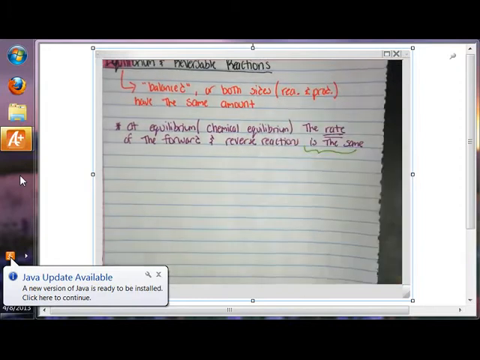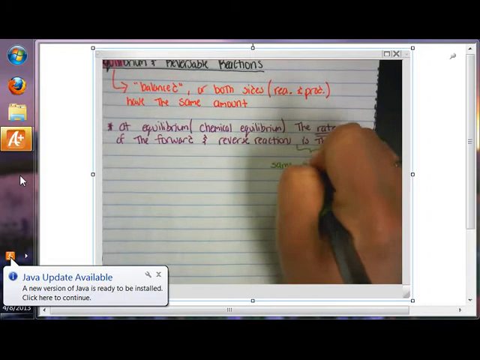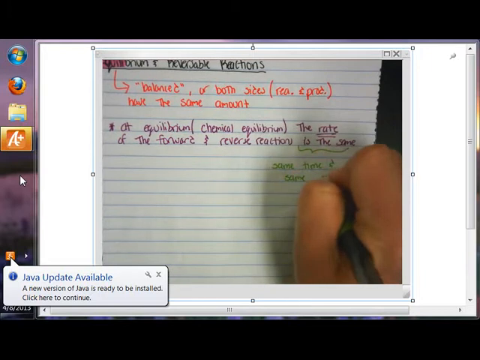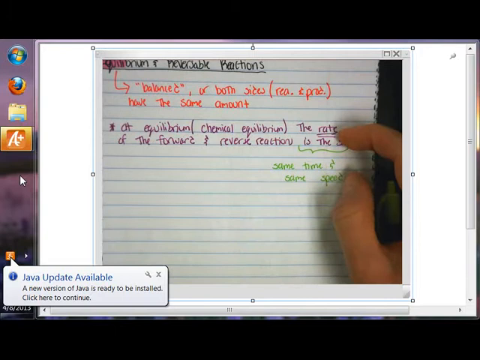Now, by is the same, I mean same time and same speed, because rate and speed are basically very similar concepts.